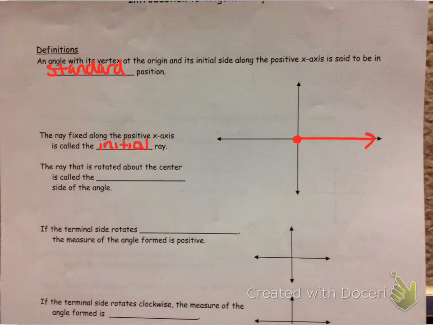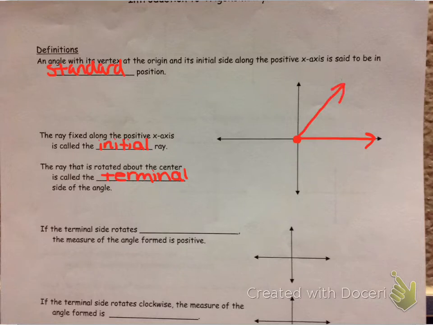It's a lot like a geometry angle. It's got an initial ray, and it's going to have a terminal ray, and that terminal ray is the spinning arm that gets to go in either direction, however many times around it wants to go. It just keeps going and going. The terminal ray is the side of the angle that is free to stop somewhere else.